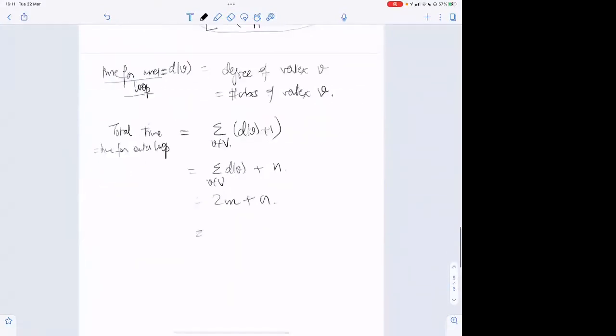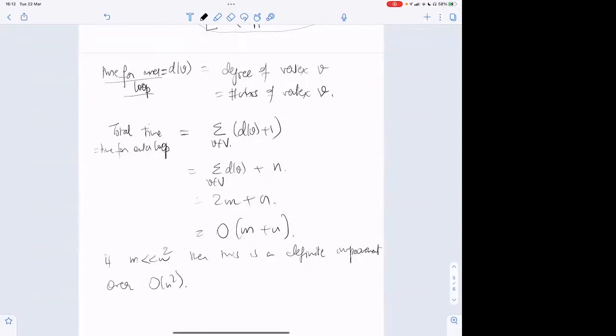So this is equal to order n plus m. Ignoring constants, this is just order n plus m. So if m is much smaller than n squared, then this is a definite improvement over order n squared.